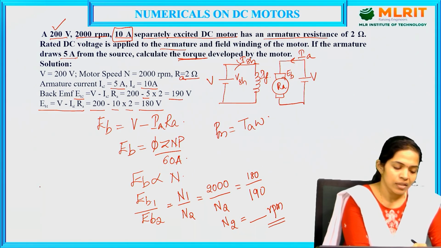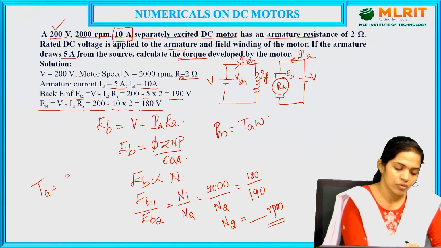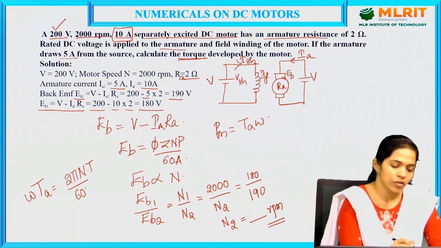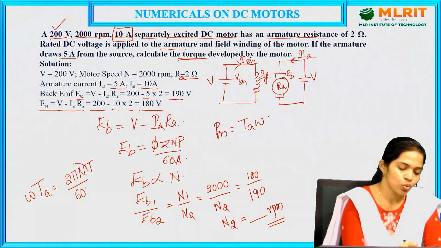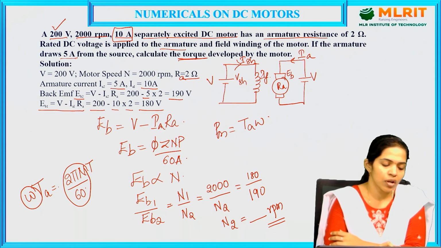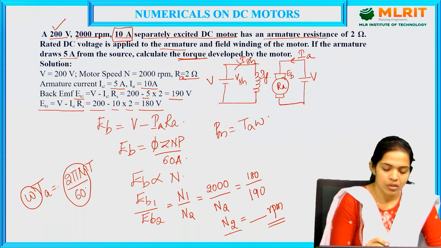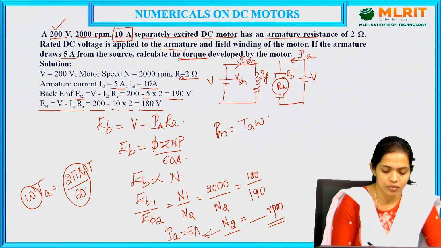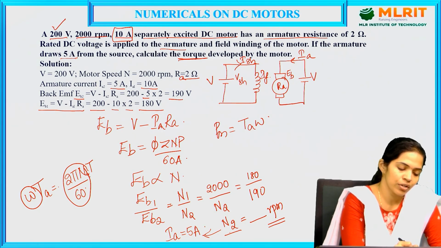We know that mechanical power is 2 pi NT by 60, and this 2 pi N by 60 is your omega. Now we have got the speed N2, which is the speed when the armature is drawing 5 amperes of current.